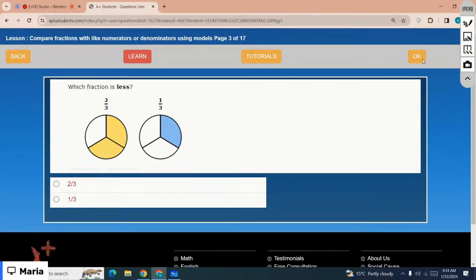The next one is, what fraction is less? 2 over 3, 1 over 3.